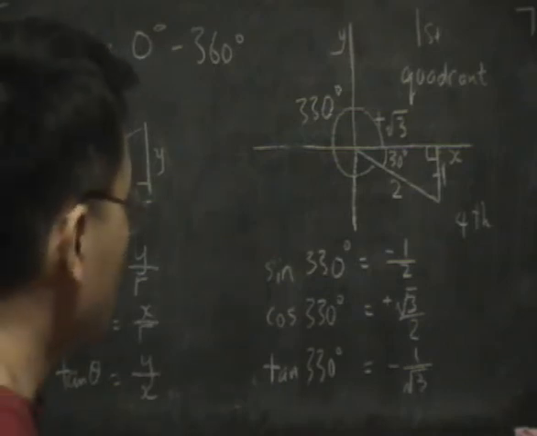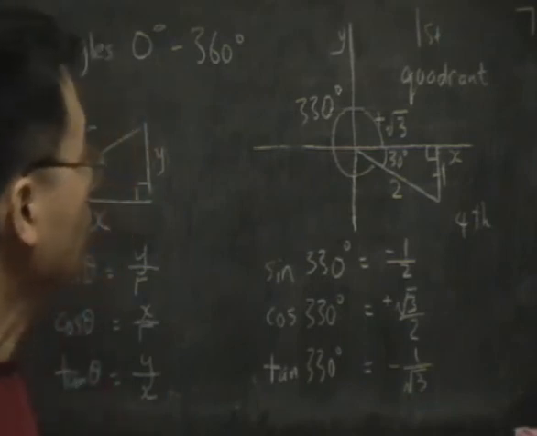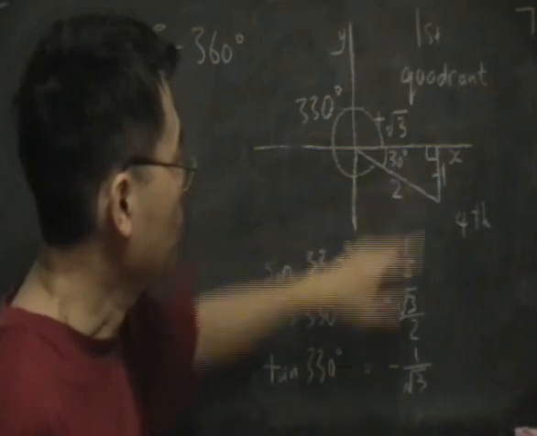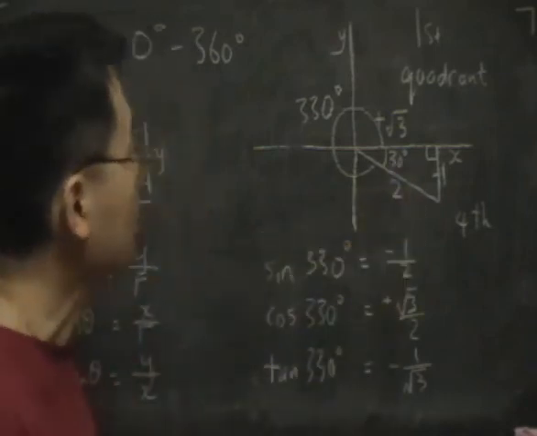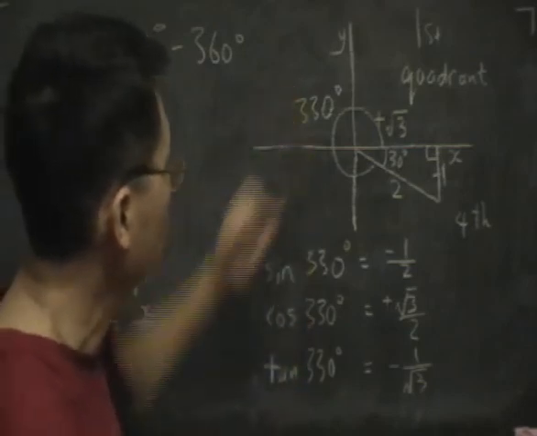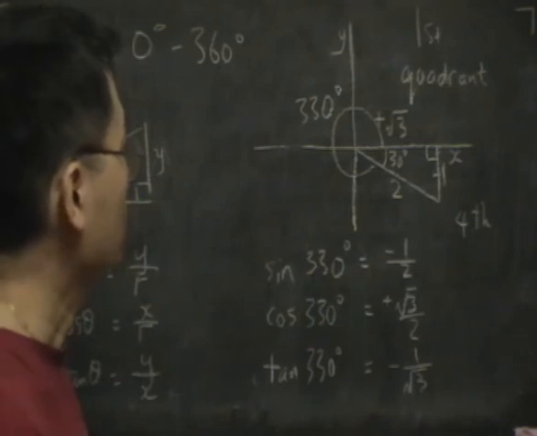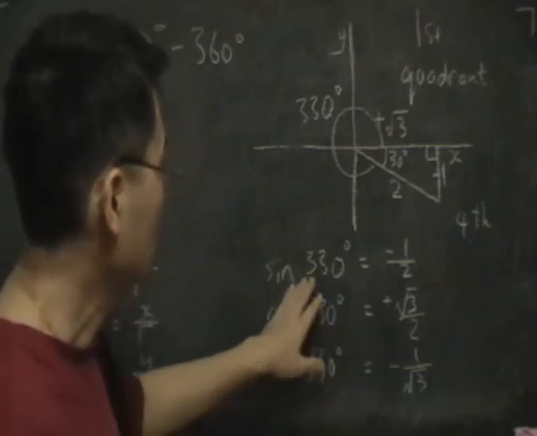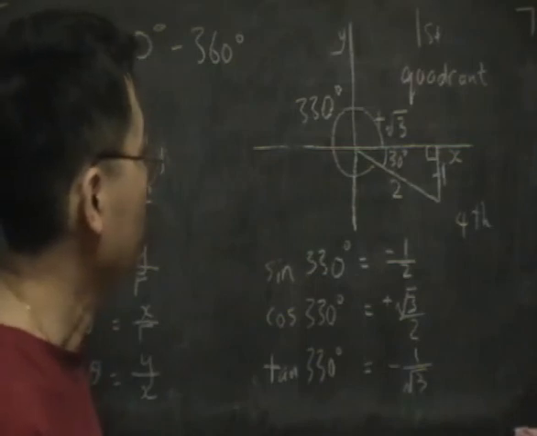Now sometimes you might be given the sine or cosine of 30 degrees, and then you'll be asked to find the sine of 330 degrees. In that case, you will need to work out whether sine of 330 degrees is a plus or a minus.